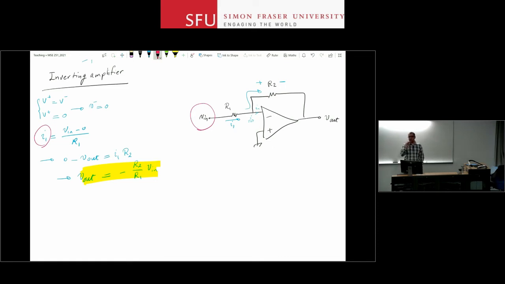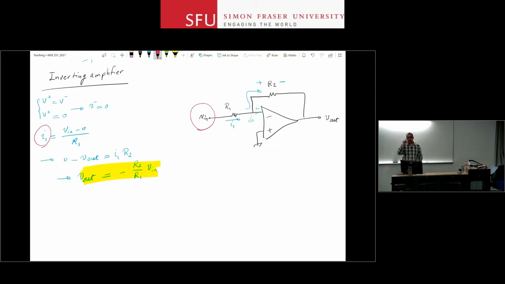But the main point here is that we found a way to accurately convert a voltage signal into a current, and that's not difficult, right? You could do that with any resistor that is grounded in your circuit. You could always convert the voltage signal into a current using a grounded resistor.